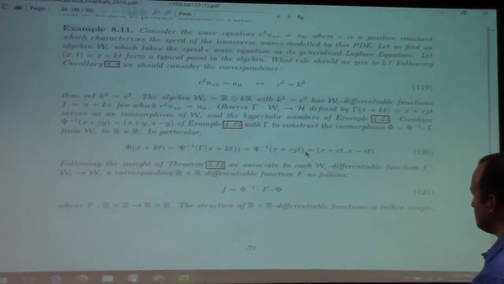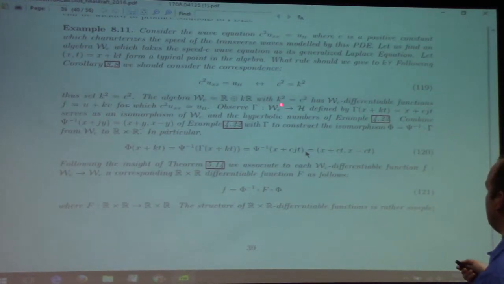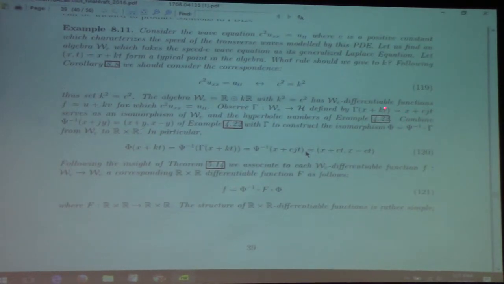And so if I look at a function f equals u plus kv, for which I define gamma from W_c to the hyperbolic numbers, my insight was that basically this W_c is isomorphic to the hyperbolic numbers, and the isomorphism is just given by trading kt for cjt. The reason for that would be what?